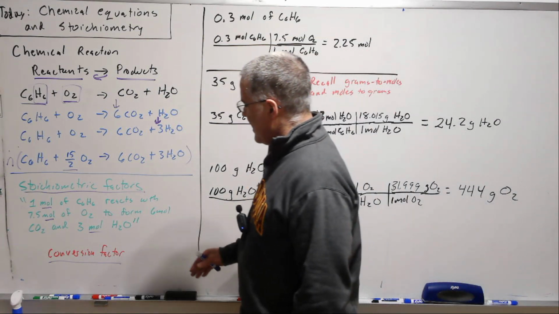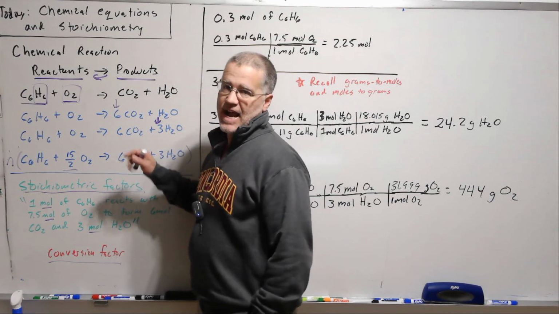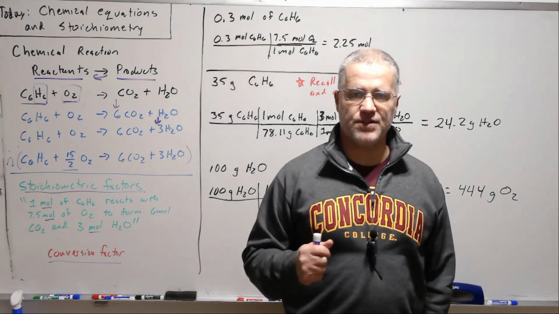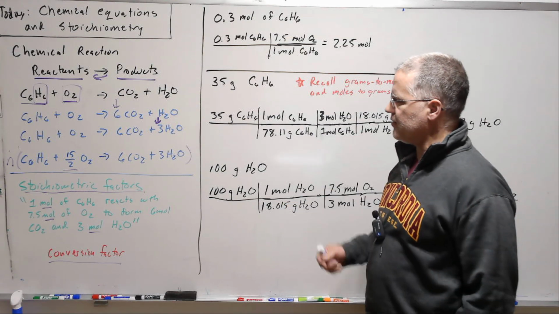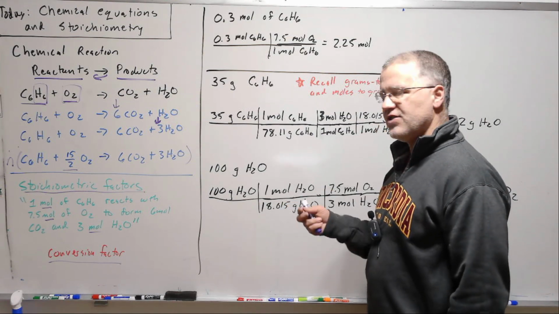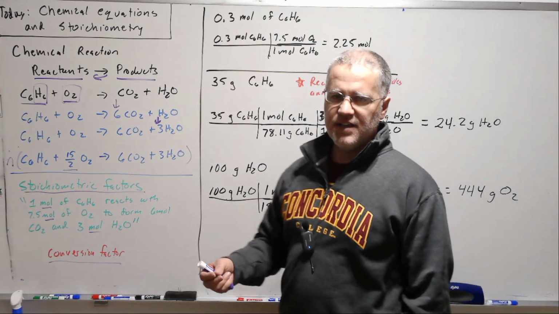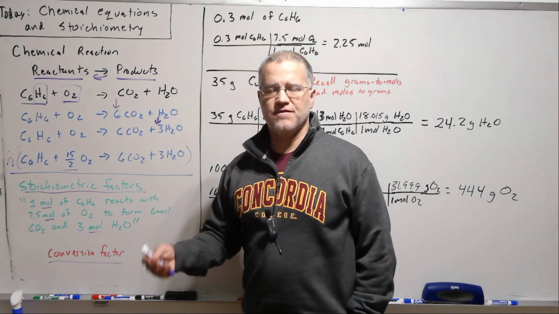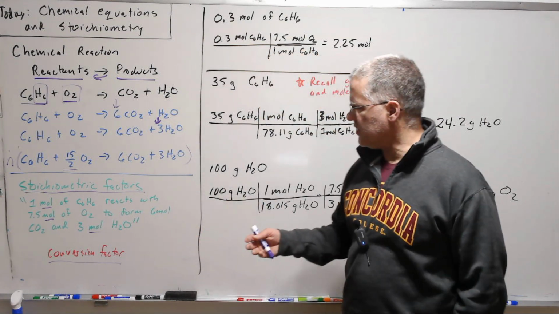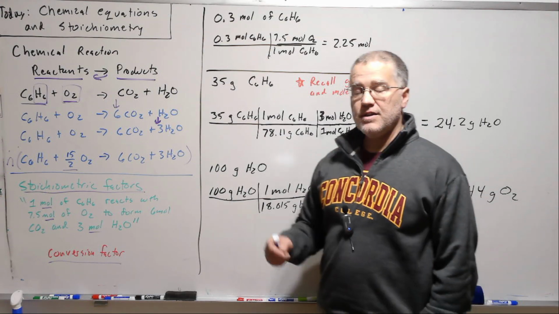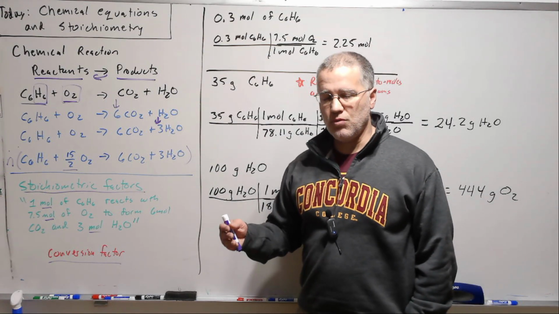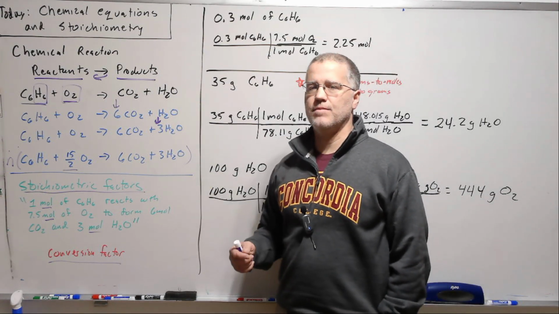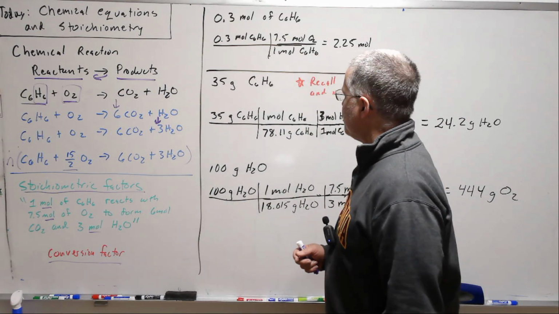So we can say that's a conversion factor for this reaction. If we have a different reaction, of course, we have a different conversion factor. So they aren't conversion factors in the sense that there's 12 inches in a foot, for example. There's always 12 inches in a foot. Here, 7.5 moles of oxygen equals 1 mole of benzene for this combustion reaction.